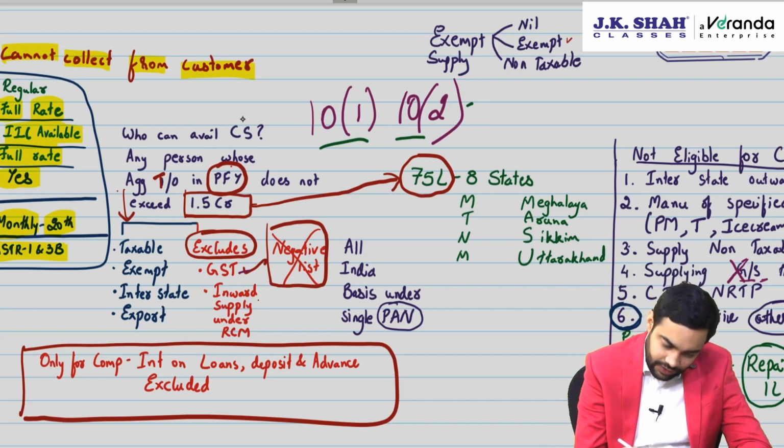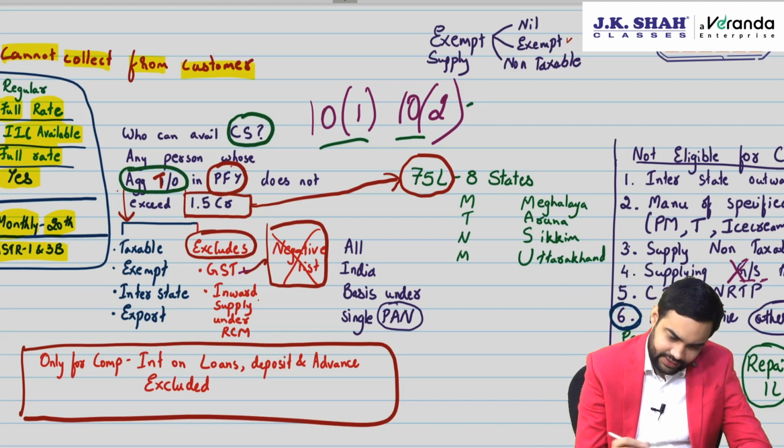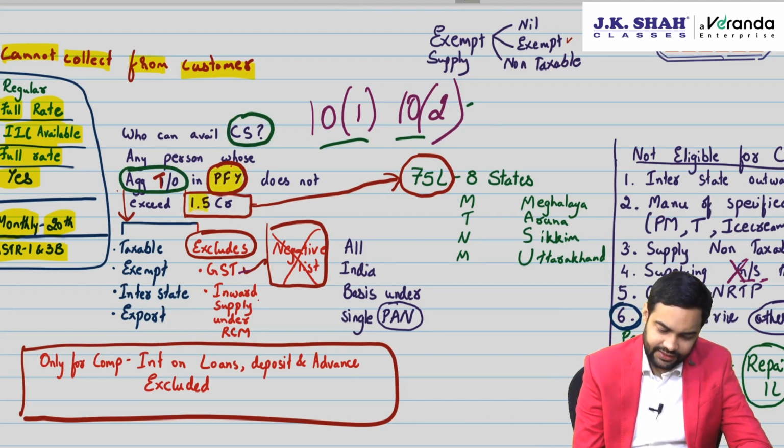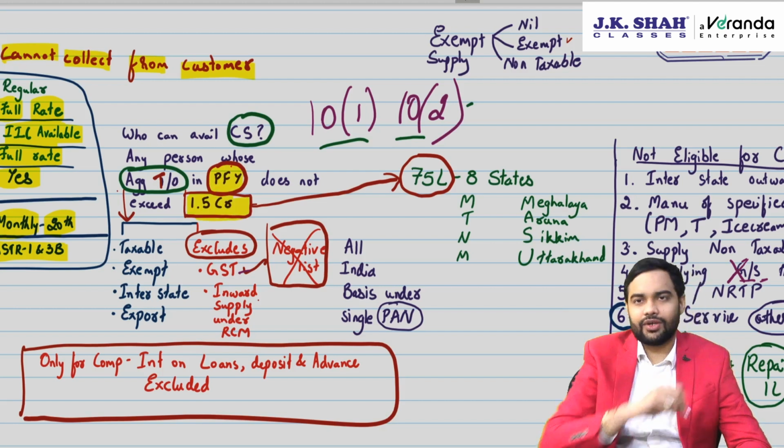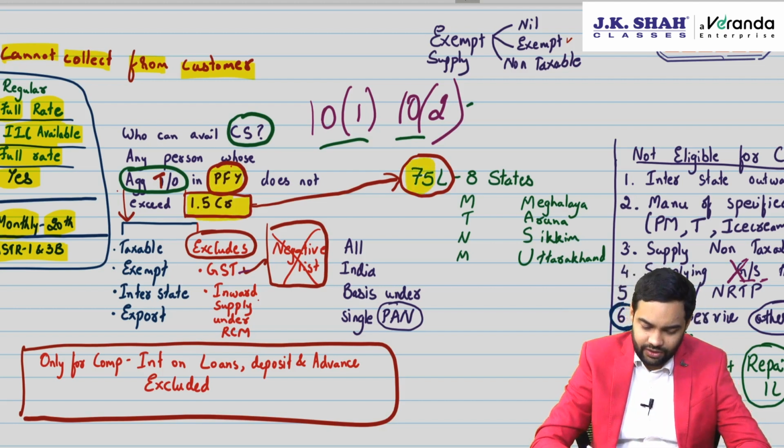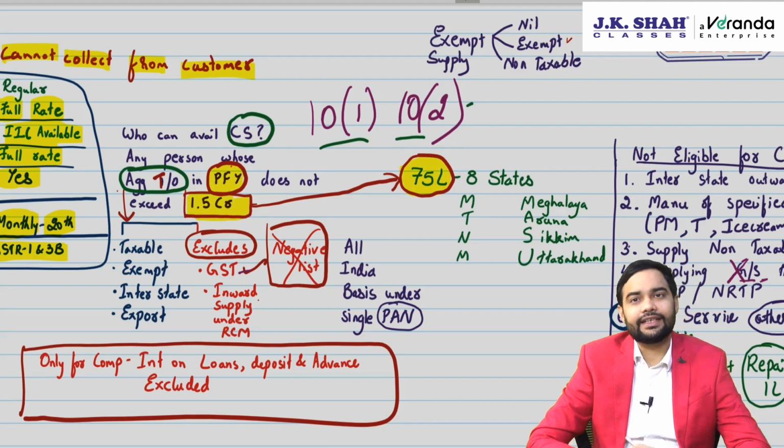Now, who can avail composition scheme? A person whose aggregate turnover in the preceding financial year does not exceed 1.5 crore. And this 1.5 crore is 75 lakhs for 8 states. Which are these 8 states?